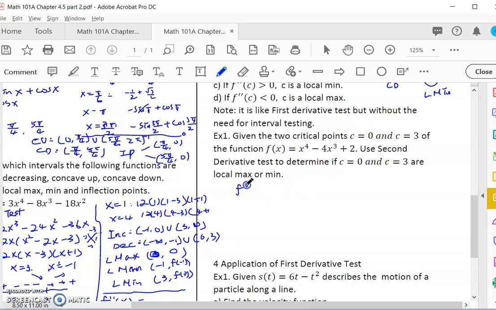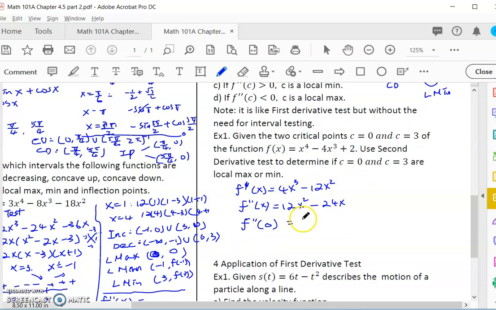Well, do the first derivative first, right? The first derivative of f is equal to 4x cubed minus 12x squared. The second derivative is 12x squared minus 24x. That's it. And so we would test the second derivative by putting the critical number 0 here.